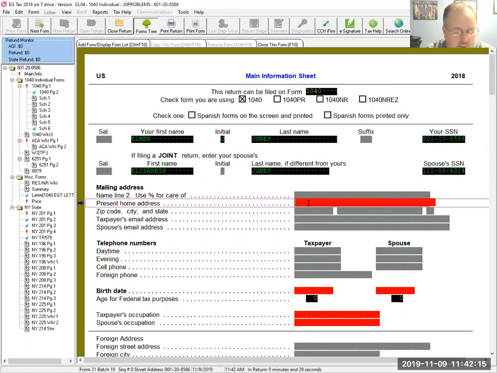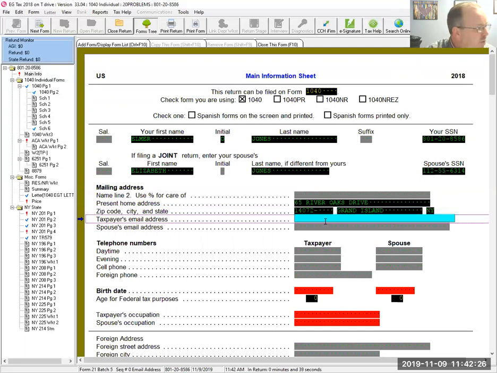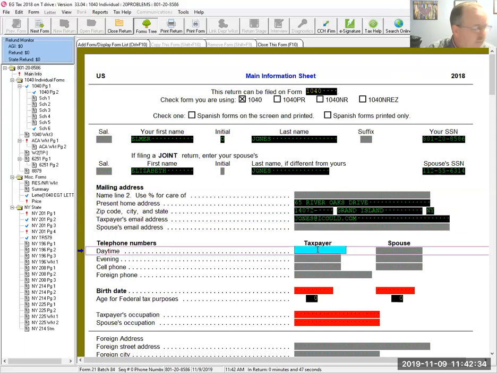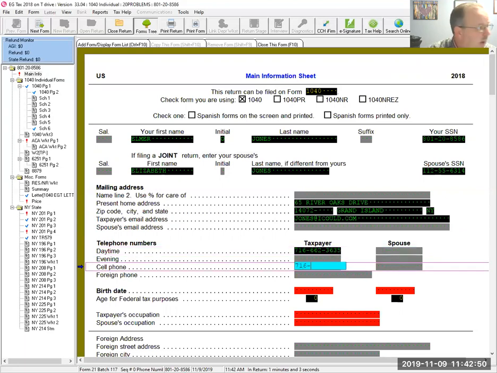They are living on 65 River Oaks Drive, and that is on Grand Island. They do have an email in their iCloud. We have phone numbers for them, and we have a cell phone number for them.